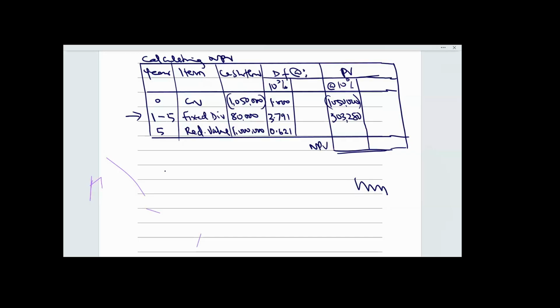Yes, okay then. So the last one, of course, we want to redeem the preference share. Therefore, 1 million multiplied by 0.621 will give us 621,000.